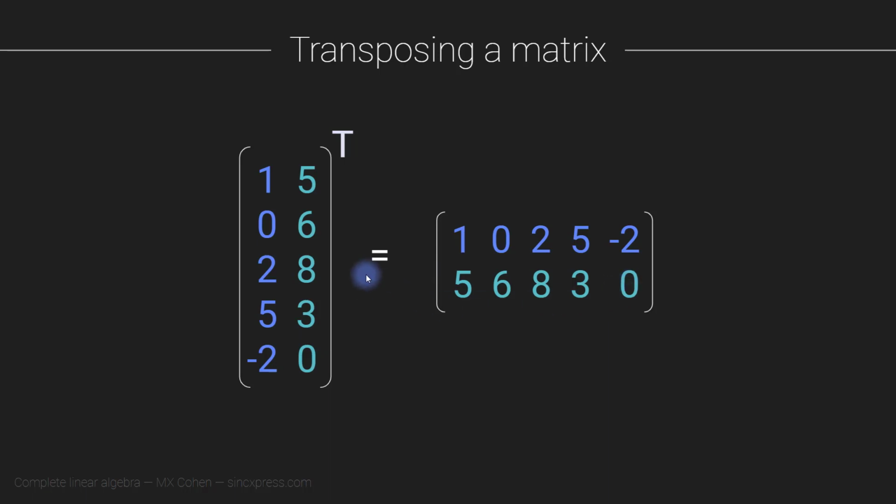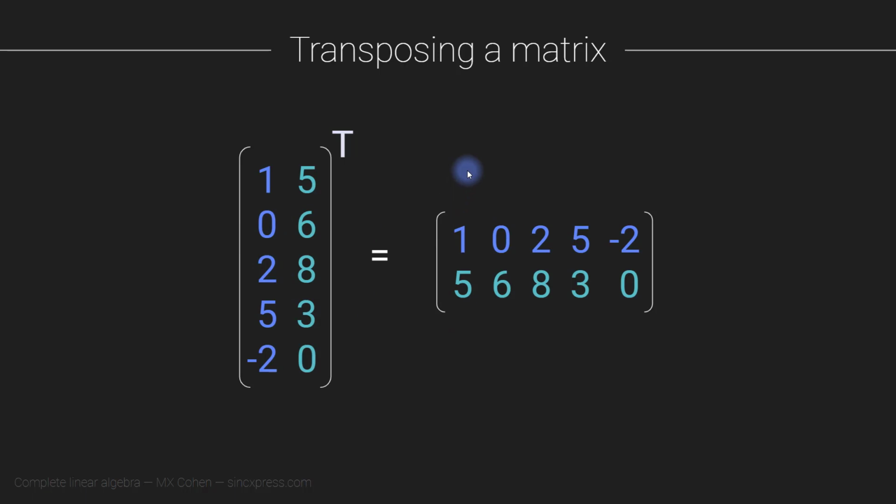Now, the only thing you have to keep in mind about transposing is you might be tempted to think about the transpose operation visually such that you are just rotating this matrix 90 degrees like this. So imagine you put a pin in the 5 and you're just swinging this matrix up.